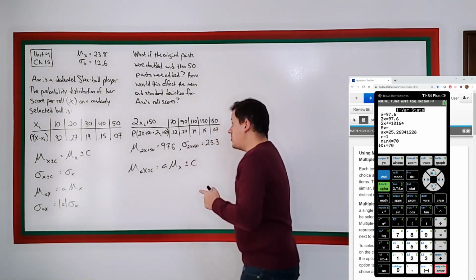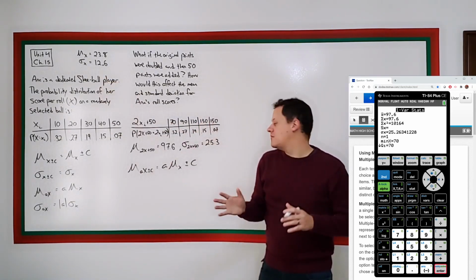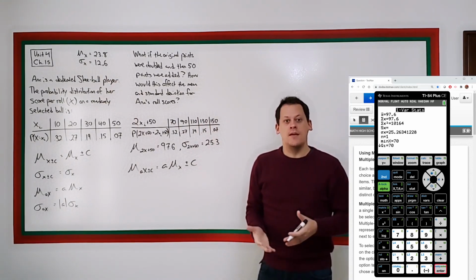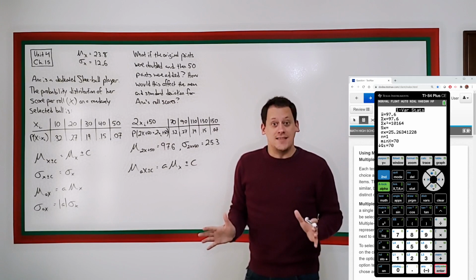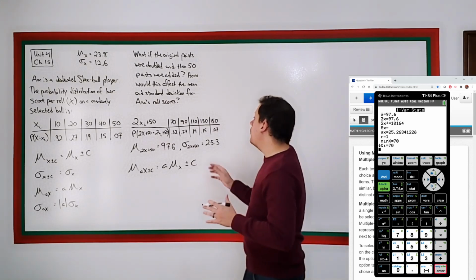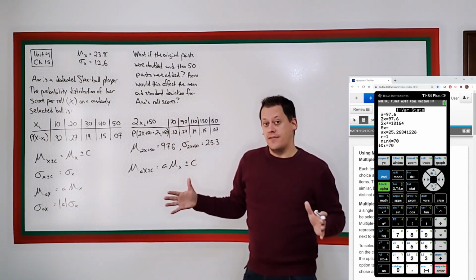For the standard deviation, you'll see it's still only twice as big as the original. And again, it's a little different due to rounding. So again, the plus or minus c doesn't affect anything, right? It's only the fact that we doubled the scores that is affecting how spread out the data values are.